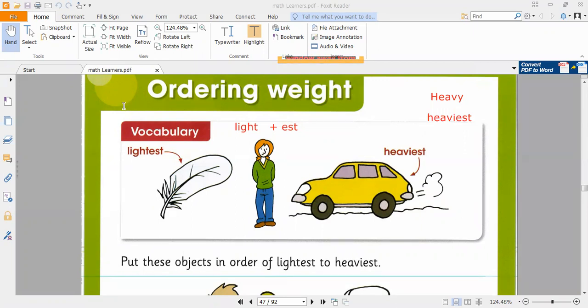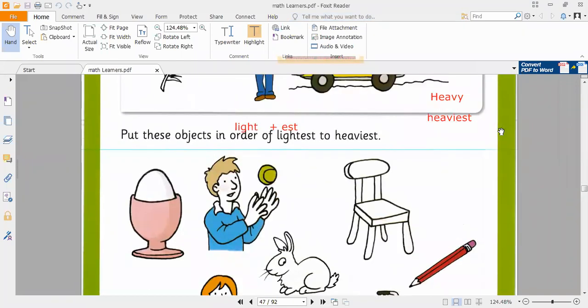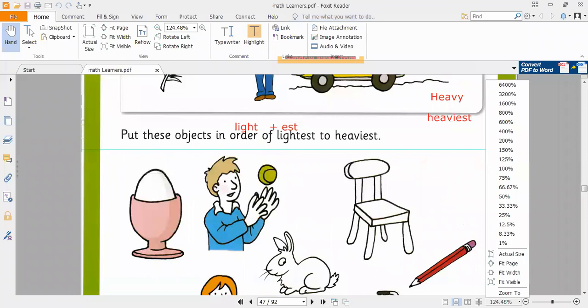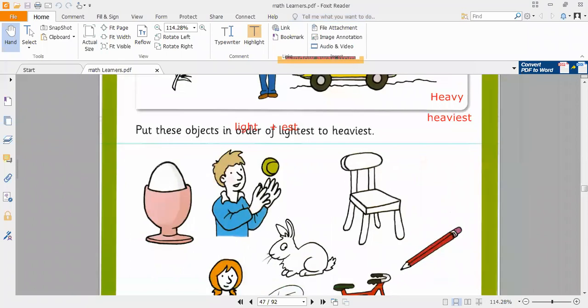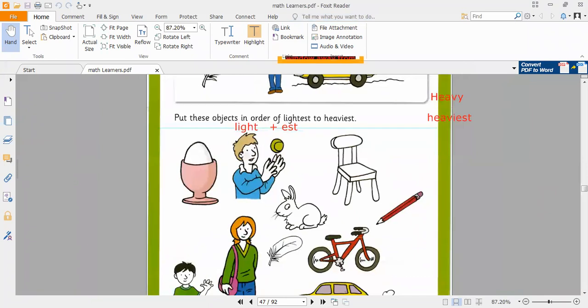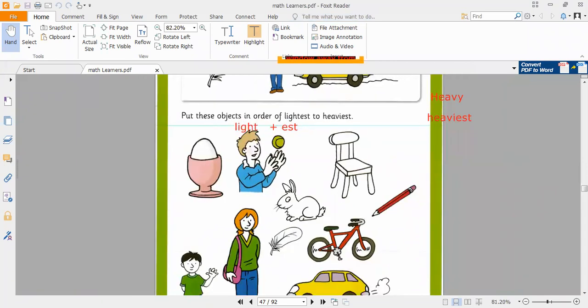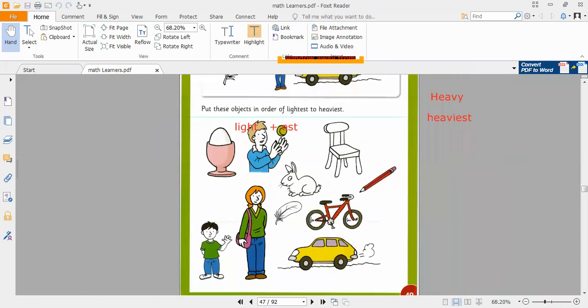Understood? Okay. Now let's move on to the questions. Put the objects in order from the lightest to the heaviest. Here are some things, or you can say objects.